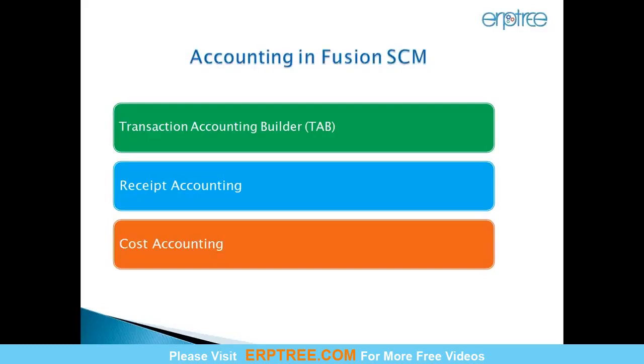To create accounting for purchase orders, transaction accounting builder is mandatory. If you are going to create receipts and want to account for them, you have to set up receipt accounting. If you are going to do cost-related transactions, say you are going to issue a sales order, then cost accounting is mandatory to track your COGS, cost of goods sold, and all these accounting code combinations.